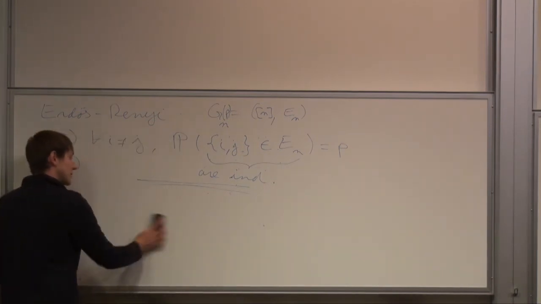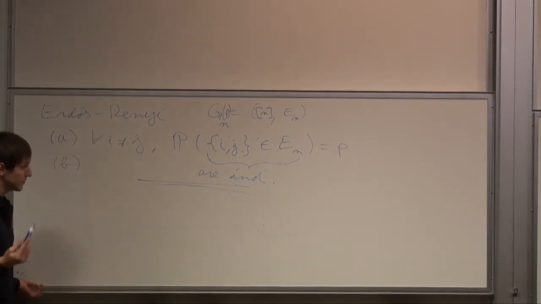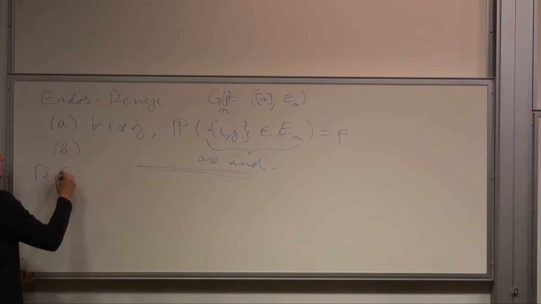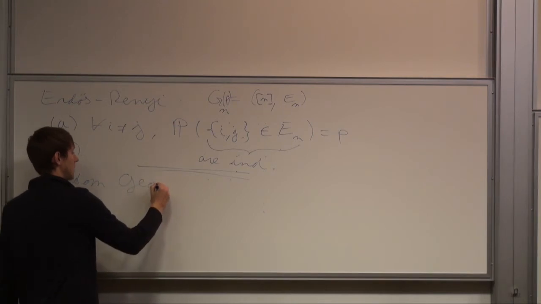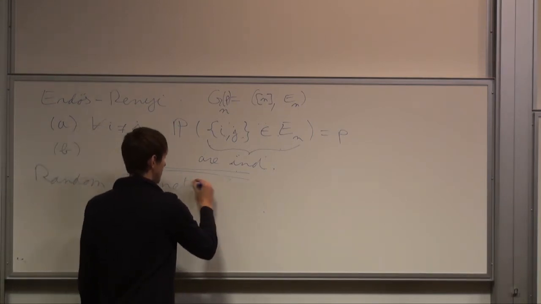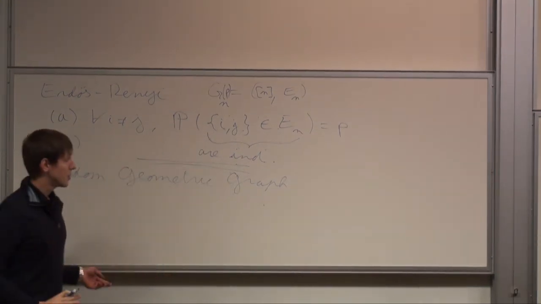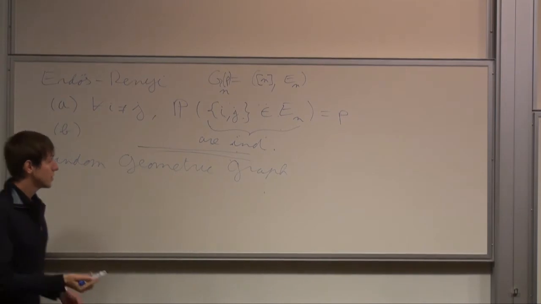So what other kind of random graph do we have? One of them, which has been studied for maybe 30 years, is the class of random geometric graphs. By the way, you can interrupt me at any time if you have a question. So what is a random geometric graph?